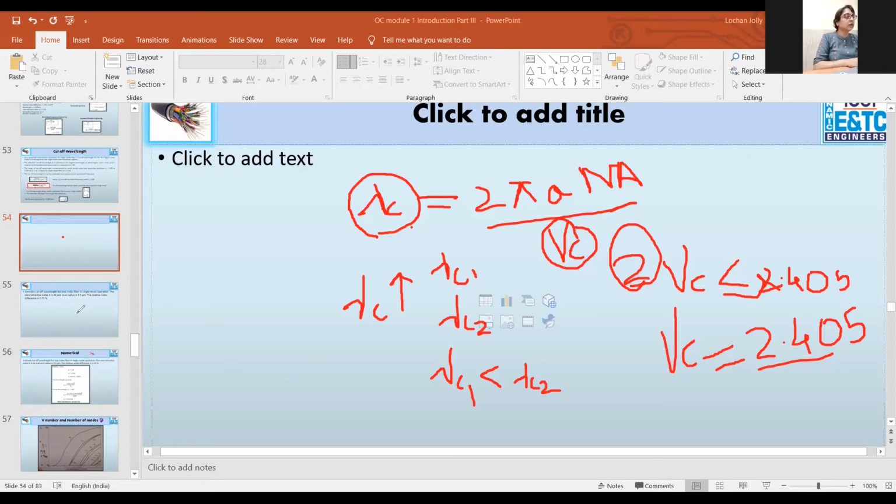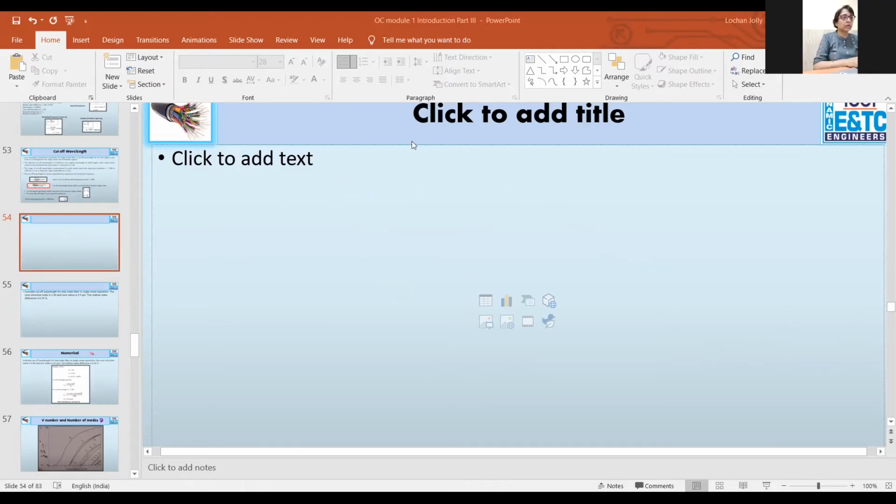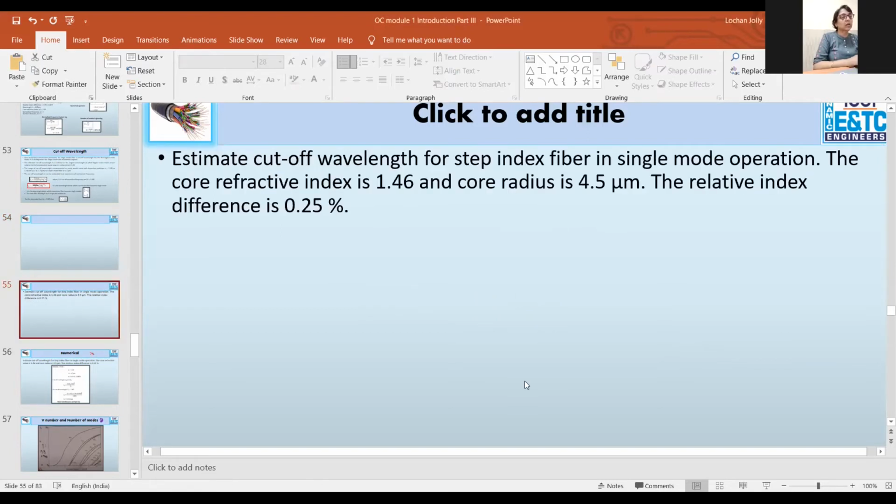Am I clear? So now let's solve this problem: estimate the cutoff wavelength for a step index fiber in single mode operation.